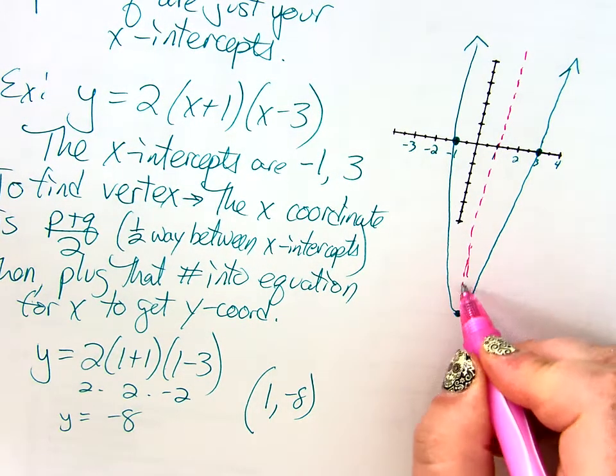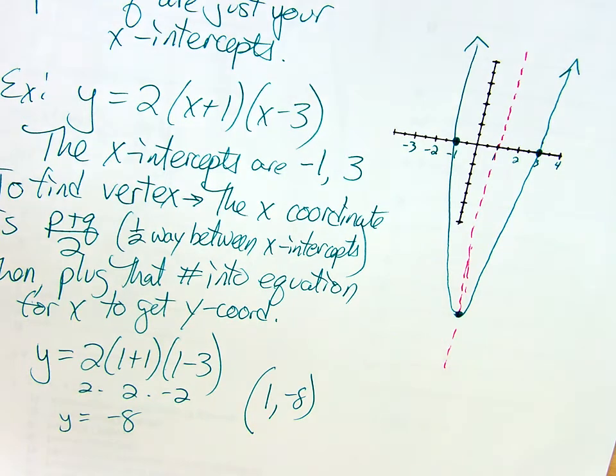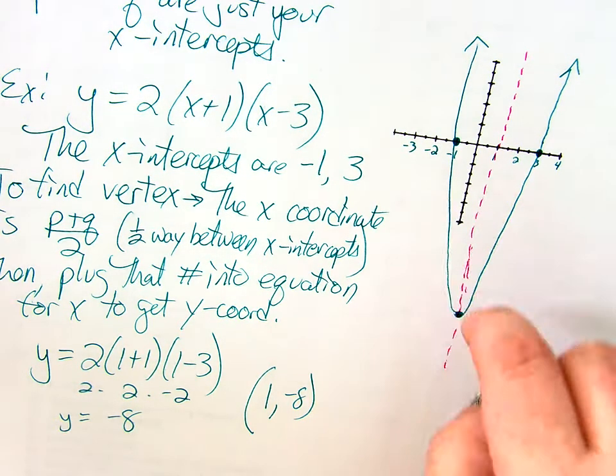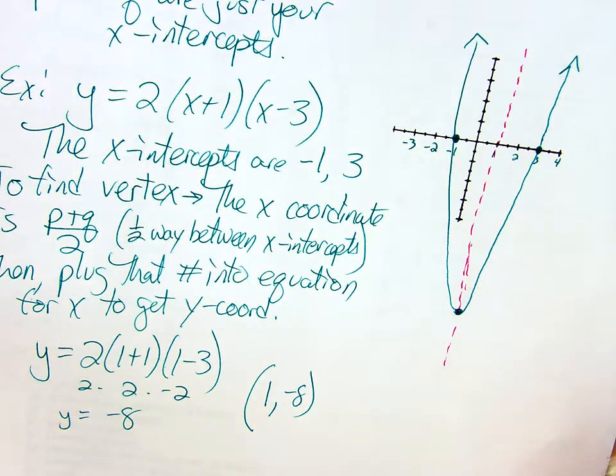I make this axis of symmetry a little bit longer. Yep. Go so fast. So, what's nice about this is I pretty much don't need any other points. I already have the vertex and my axis of symmetry, or vertex and my 2 x-intercepts.